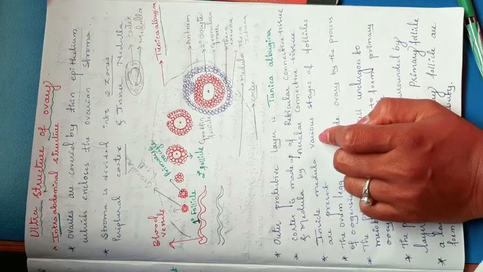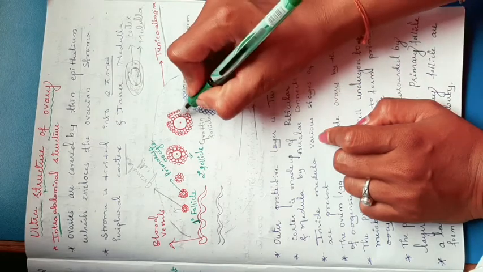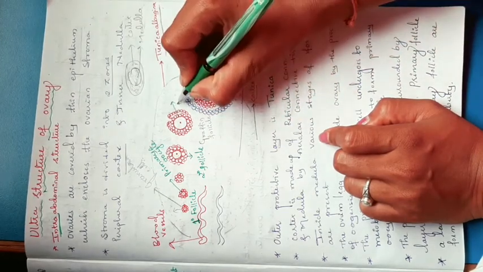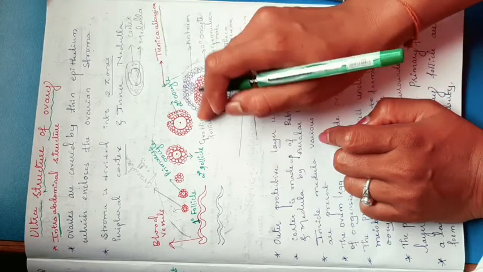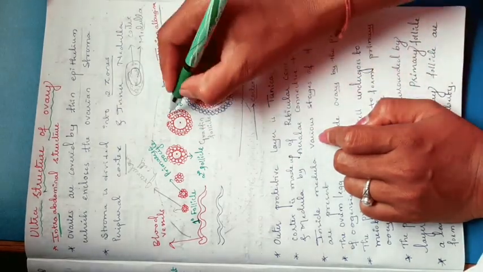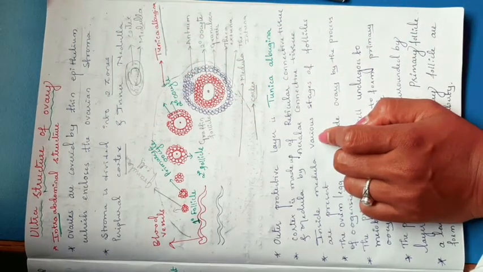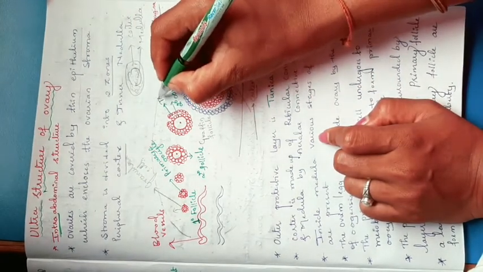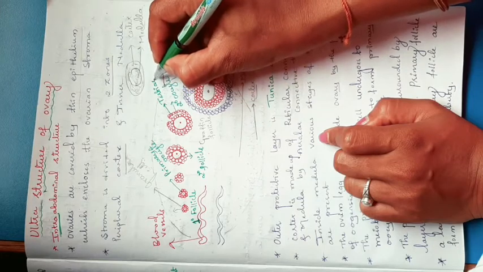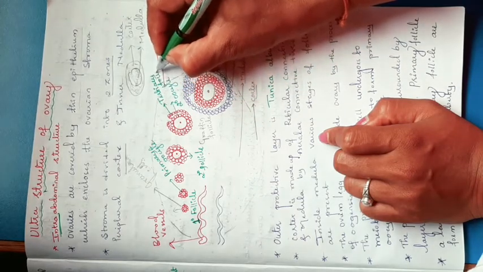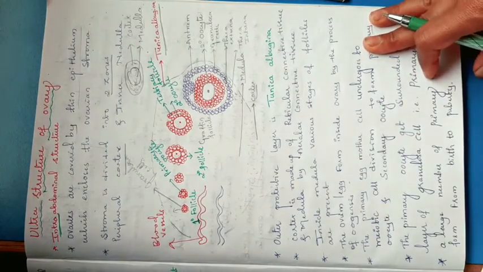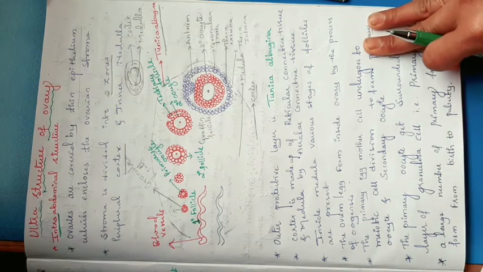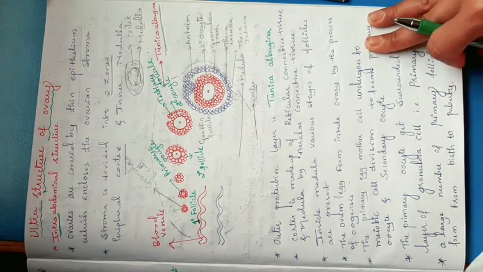After completion of the first meiotic division, the cell is called a secondary oocyte. The cells which surround the secondary oocyte are the granulosa cells. This structure is called a tertiary follicle. Then after tertiary follicle formation, it undergoes certain changes.